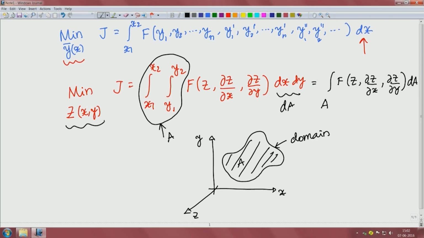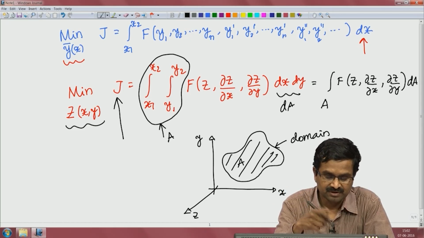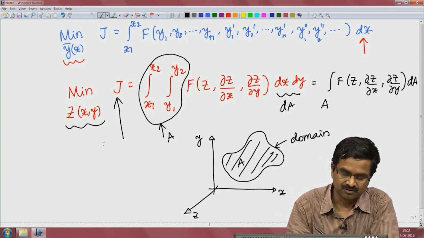So, we need to find a function of two variables such that this functional is minimized. That is a problem we consider, and later 2 variables can become 3 variables also. From the mechanics perspective, we can also think about physical problems that look like this.